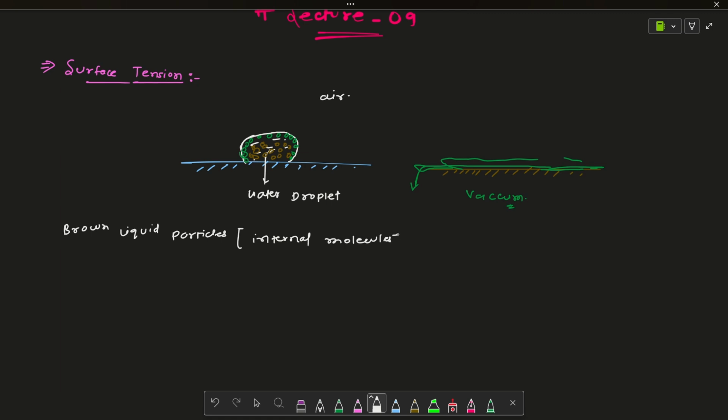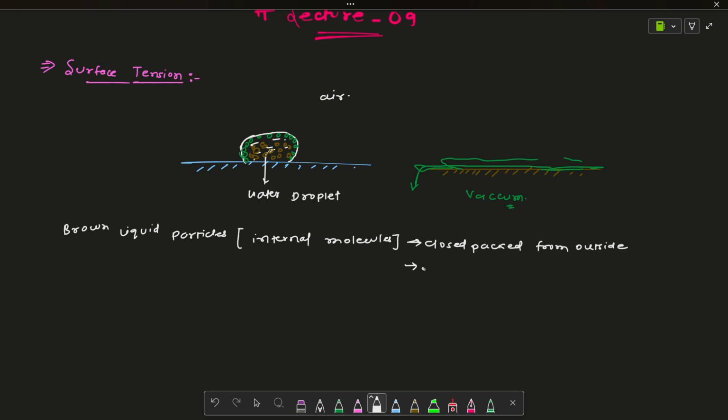These water molecules repel each other with equal forces because of their close packing. They are closely packed from outside. For example, if you see this one, everywhere there is brown fluid, brown molecules.